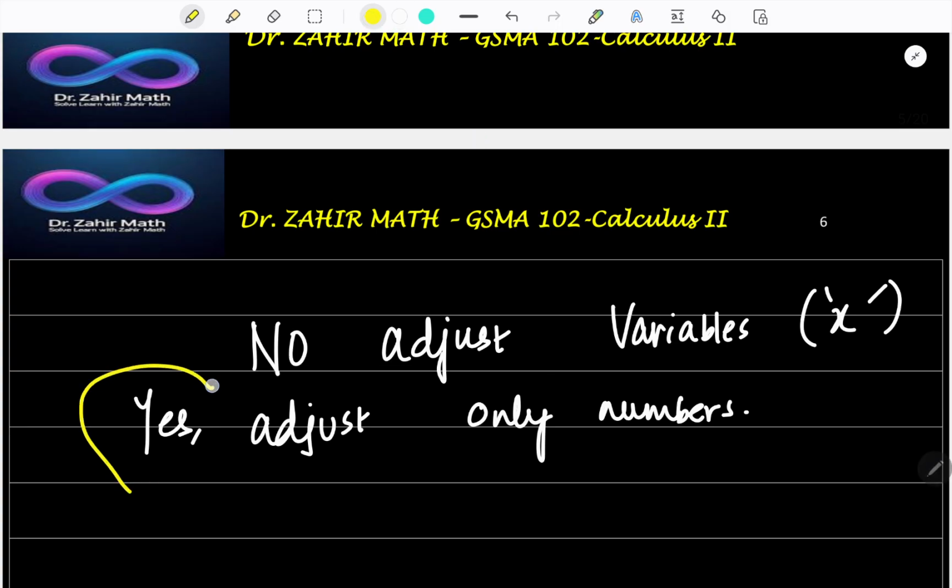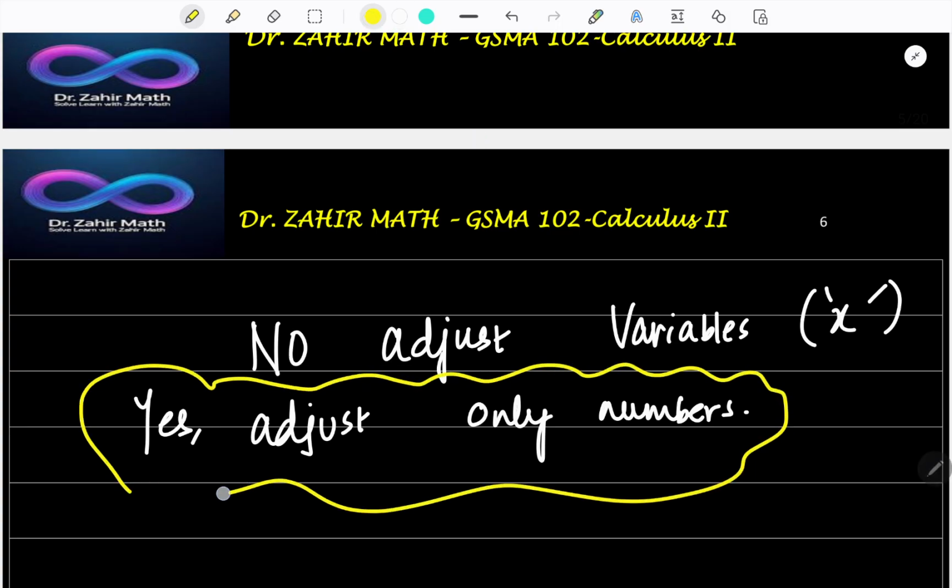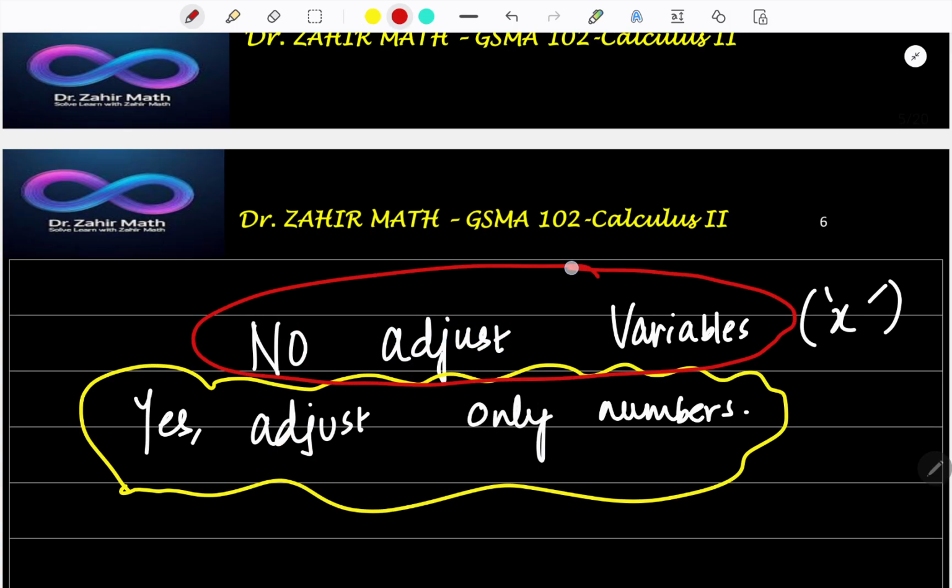Keep in your mind. You can adjust only numbers, but you are not supposed to adjust variables. So this is the danger mark. Keep in your mind. This is danger. You are not supposed to adjust variables. Variables in the sense x, x square, x cube, minus x, 1 by x, whatever it is. You are not supposed to adjust.